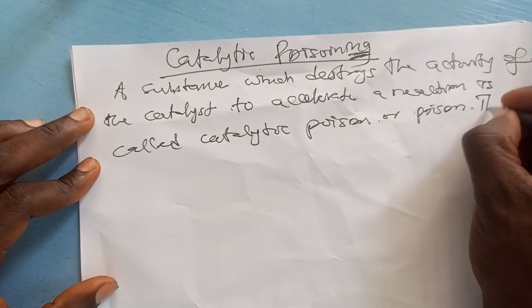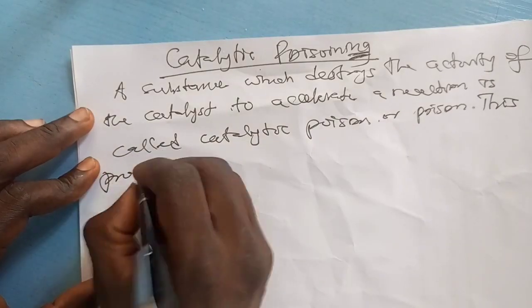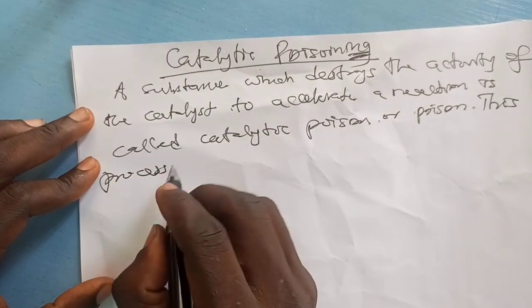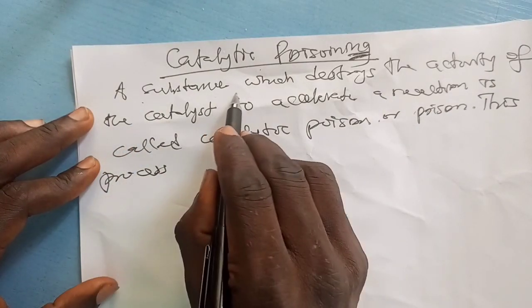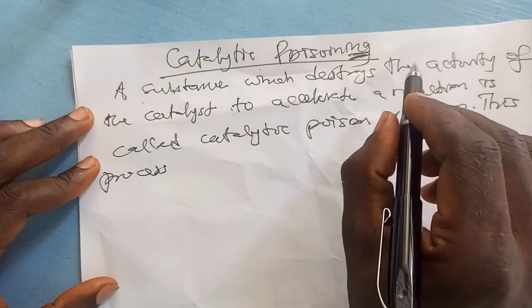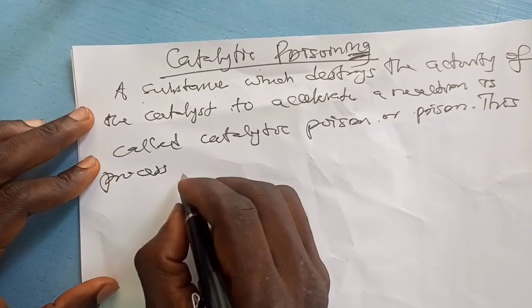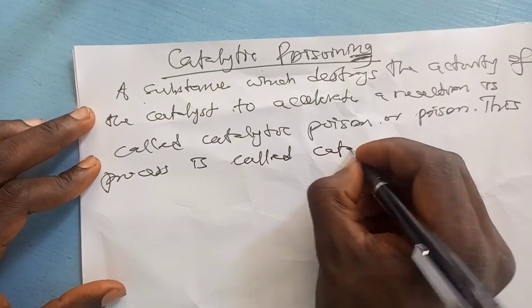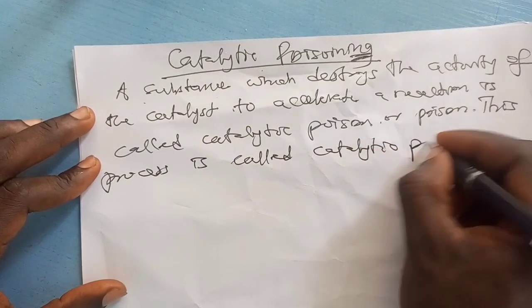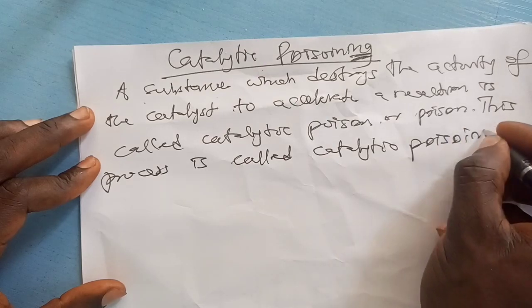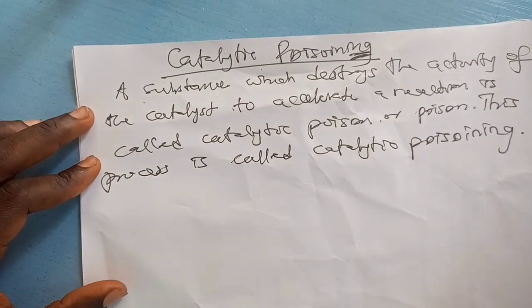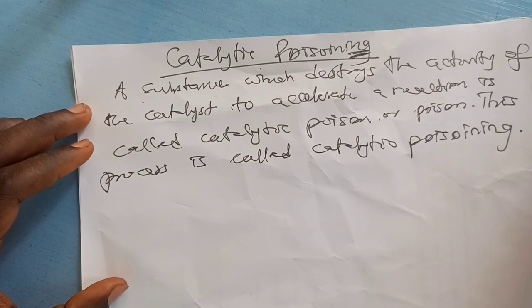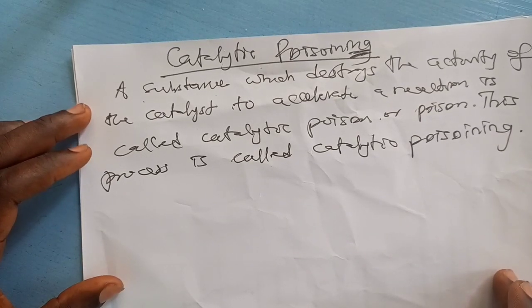So this process whereby a substance destroys the activity of the catalyst to accelerate the chemical reaction is called catalytic poisoning.